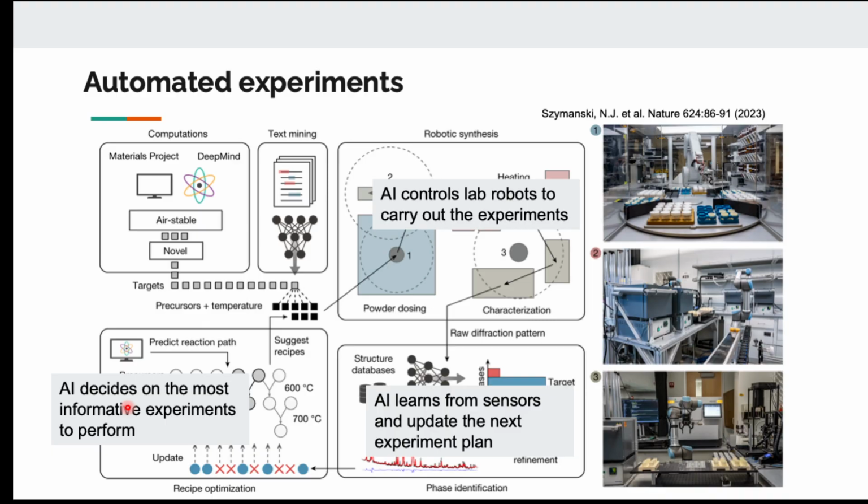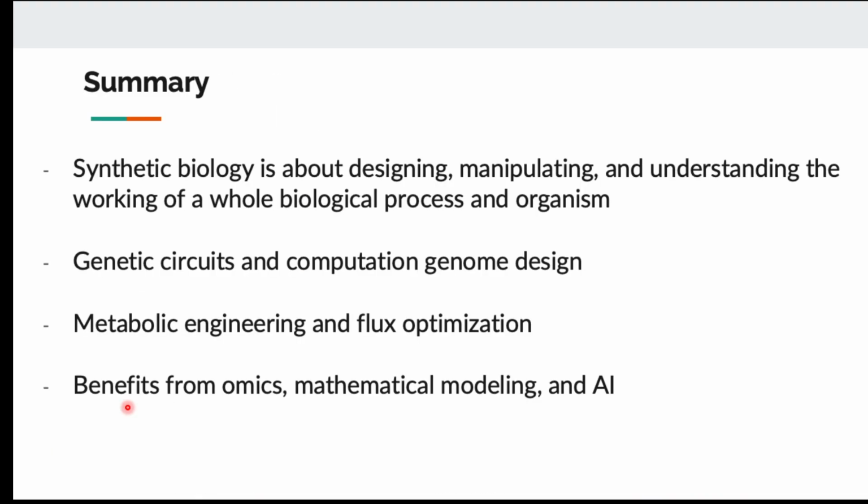We can have an AI that can discover new drugs or new effects on its own. So this is another way that computational thinking and modern AI techniques can improve the throughput and the efficiency of synthetic biology. Okay, so this is everything that I want to talk about for today.